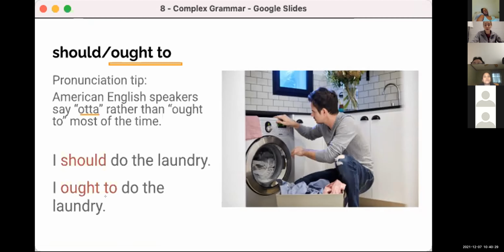You oughta do the laundry. And the modal should has the same meaning. I should do the laundry. You should do the laundry. Should and ought to have that same meaning, except that should is probably just more common.